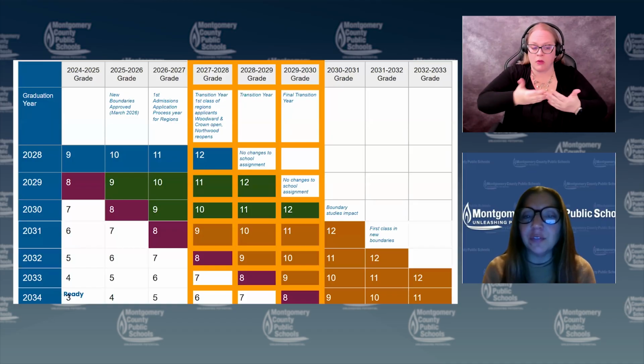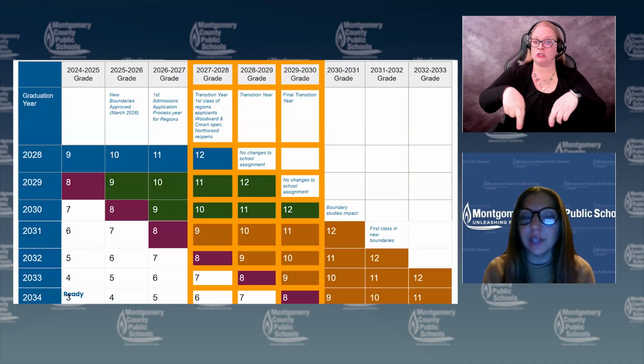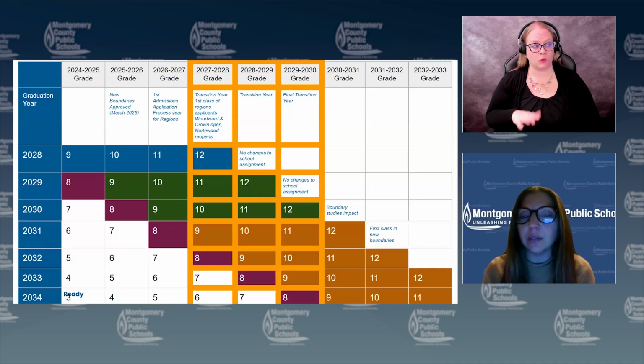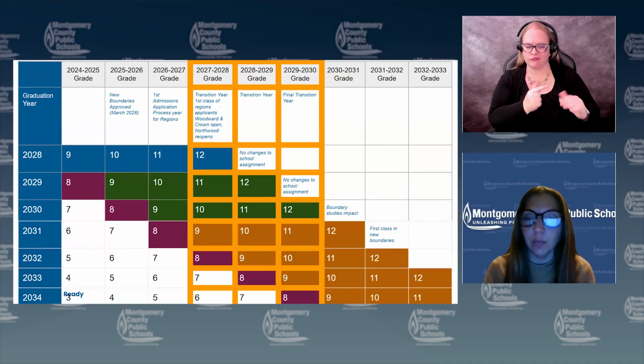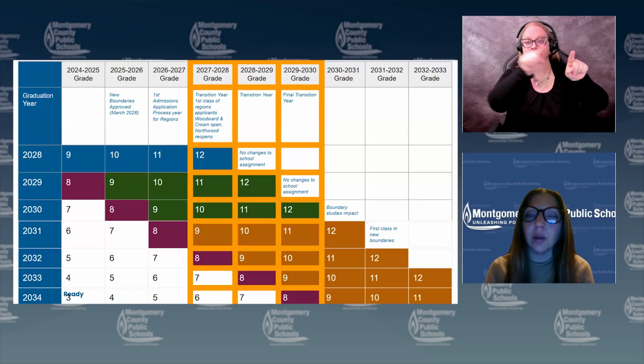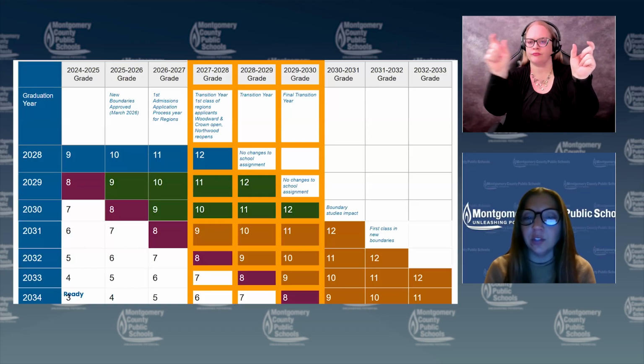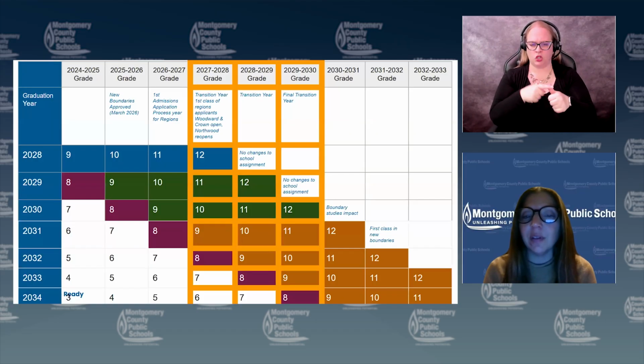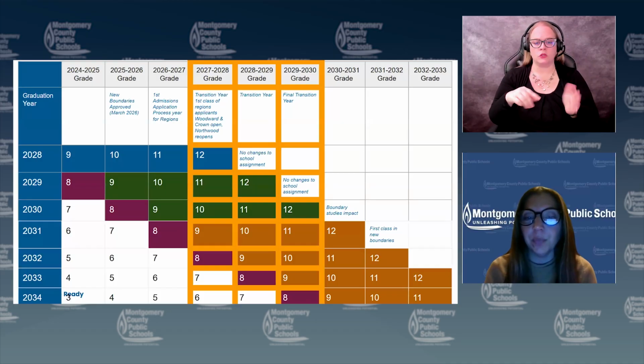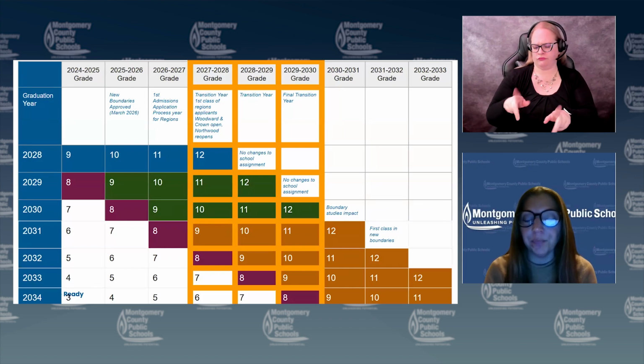So on the left, you'll find the class of students, and you'll follow along the timeline using the school years that you see on the top of this table. So let's start with our current grade 8 students. You'll see they're the class of 2030. This class will remain in the current process and graduate from high school in 2030.